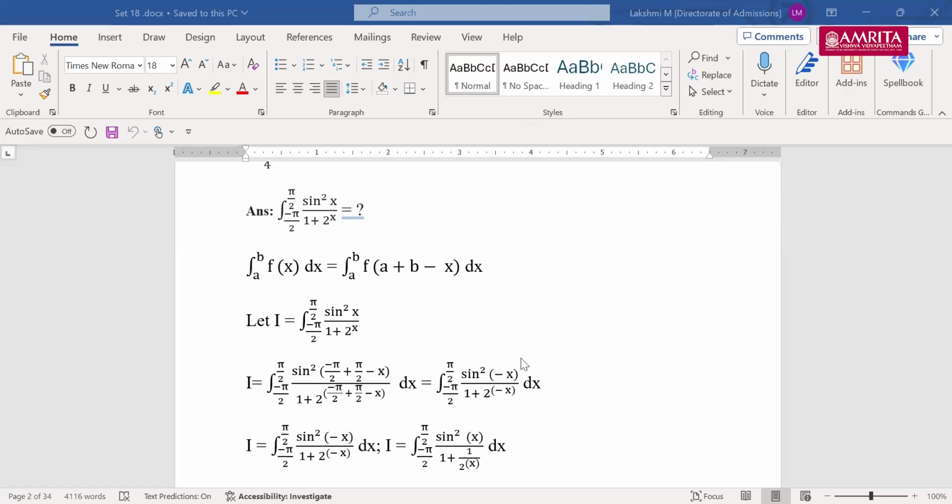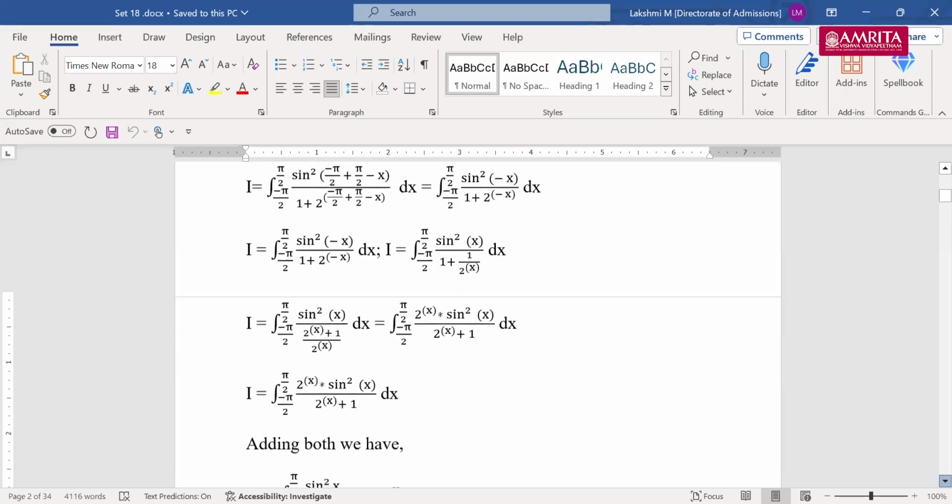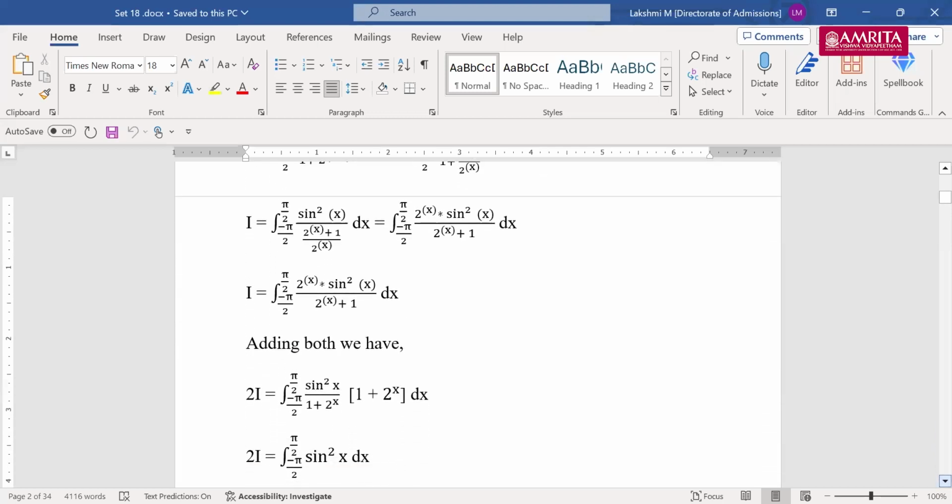And this term will be minus of x square only, so it's sin square x. So minus pi by 2 to pi by 2 sin square x by 1 plus 1 by 2 raised to x. Now this comes here. So this is minus pi by 2 to pi by 2, 2 raised to x into sin square x by 2 raised to x plus 1 dx.